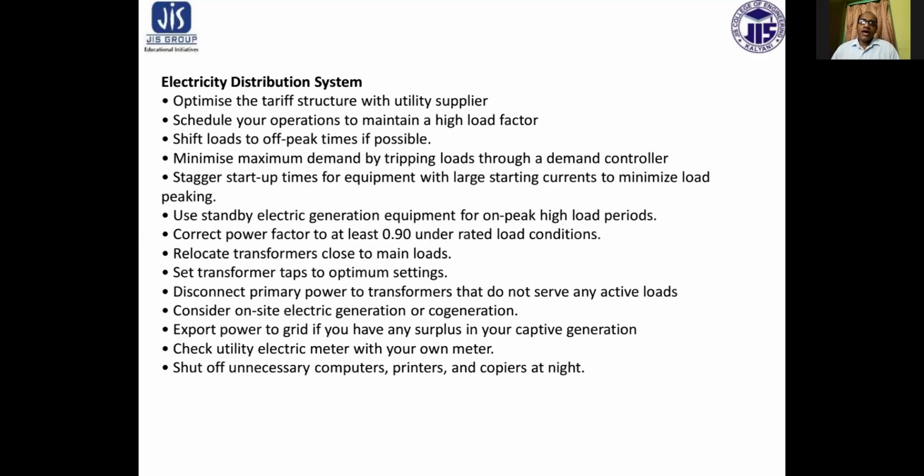Disconnect primary power to transformers that do not serve any active loads. Consider on-site electric generation or cogeneration. Export power to the grid if you have surplus in your captive generation.